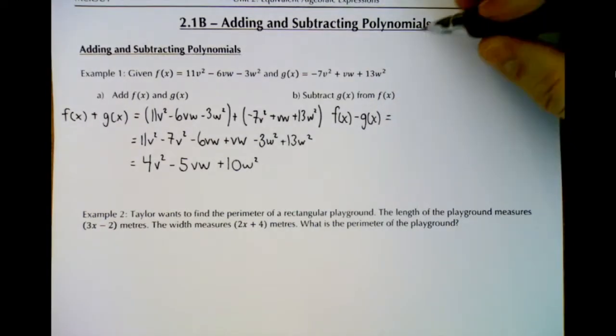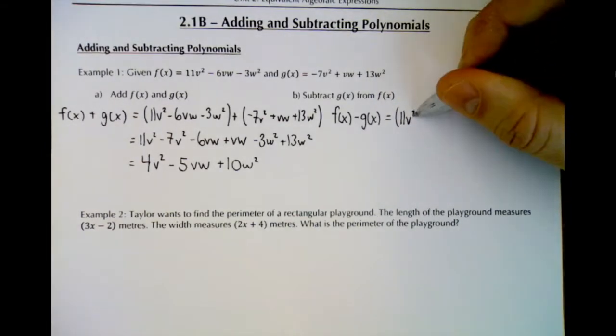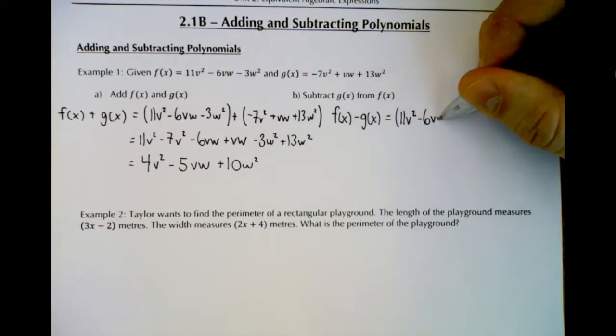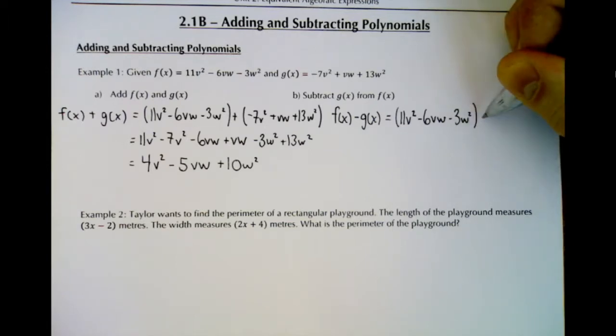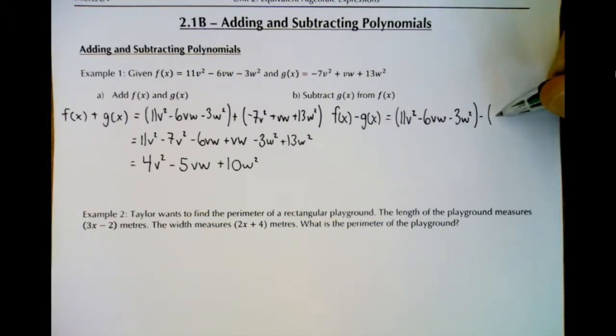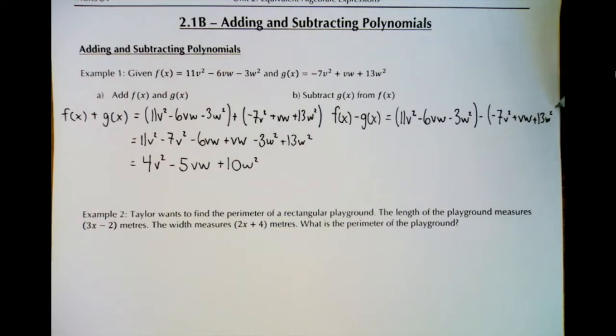So here we go. I'm going to write it in brackets again. F of x is 11v squared minus 6vw minus 3w squared. And I'm going to subtract negative 7v squared plus vw plus 13w squared. This time the brackets are really important because when you subtract an entire polynomial, you're subtracting each of the terms in the polynomial.